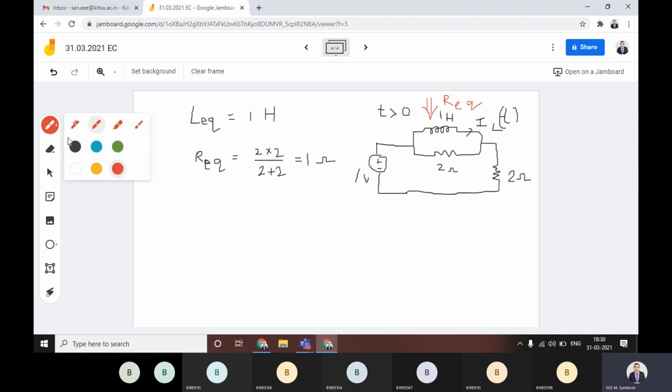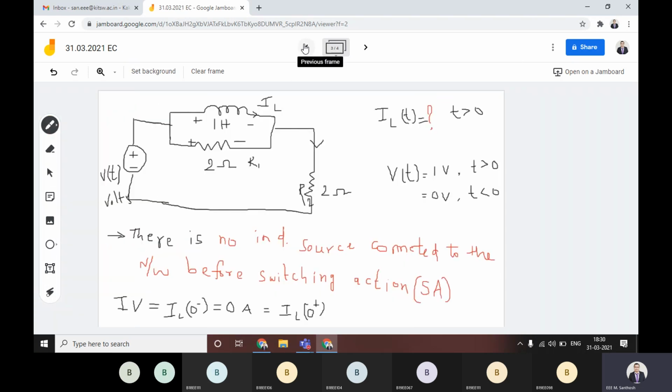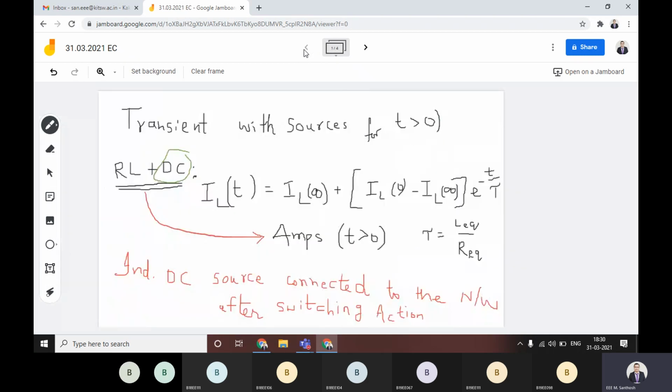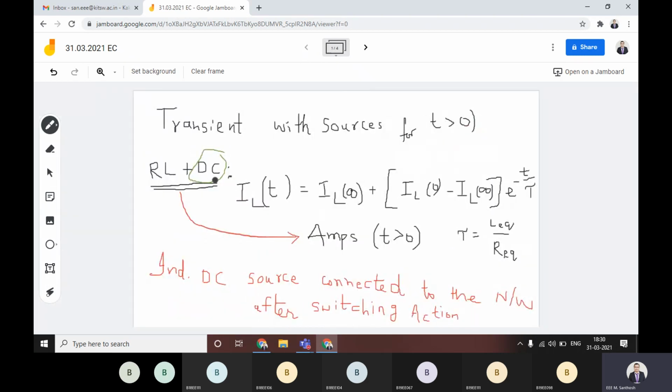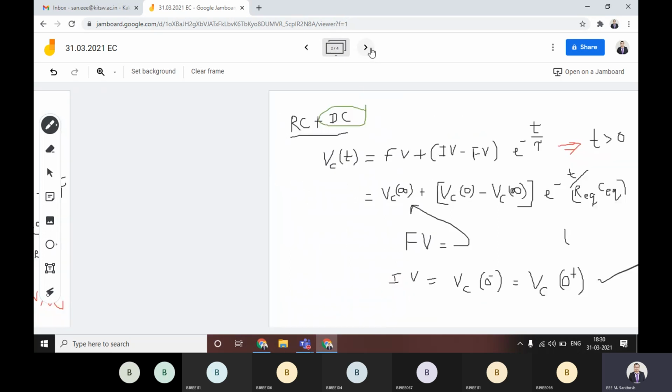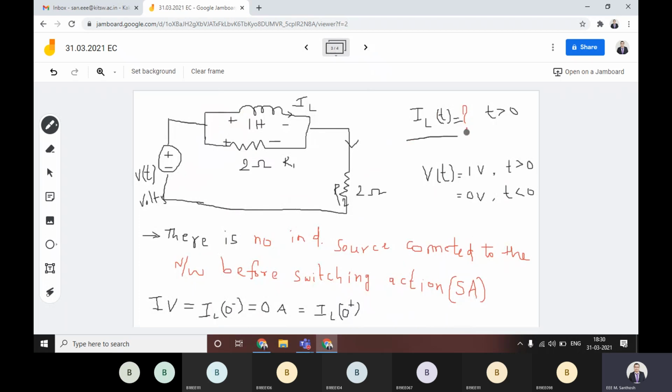Now we have to implement using our formula, whatever the formula we have given in the case of RL plus DC for calculation of the current. That's what they asked you, right? You have to find IL of t when t greater than 0.